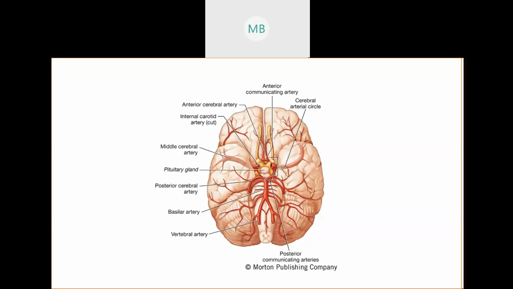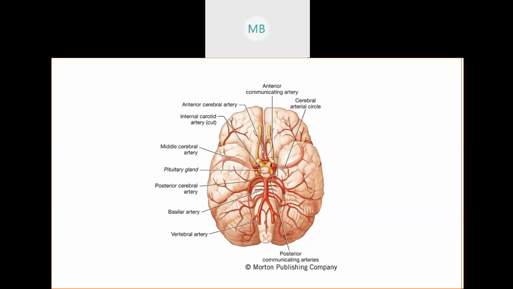So if you're looking at the Circle of Willis, the easiest way to remember it is the basilar artery is the singular one artery here going down the middle back brainstem. Communicating arteries form the circle around, so you have posterior communicating arteries and an anterior communicating artery. And then you have cerebral arteries, which are the branch-offs of it, and the ones you need to know are front and back, which in fancy medical terms are called your anterior and posterior cerebral arteries, and you have one for each hemisphere of the brain.